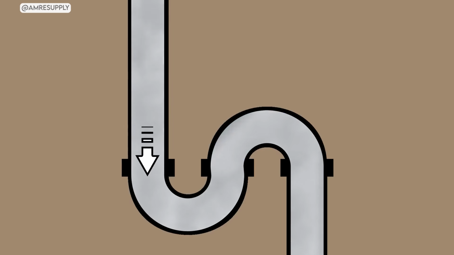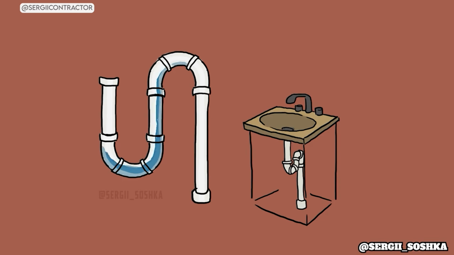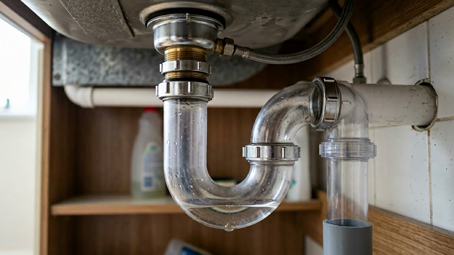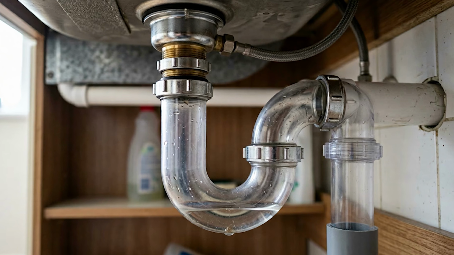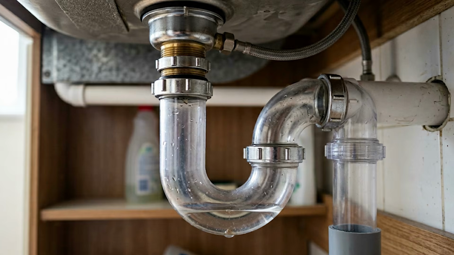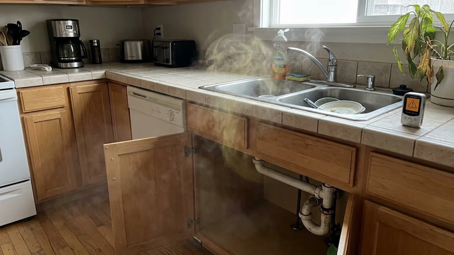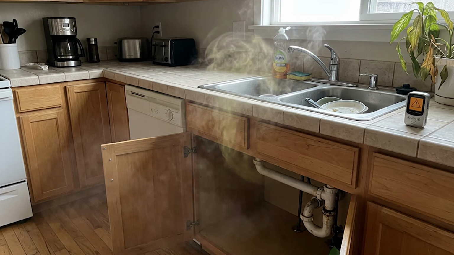Once that trap seal gets sucked dry, you have an open pipe running from the sewer system straight into your home with absolutely nothing in between. It does not happen every single time you run the sink, but it happens often enough to be a serious code violation.